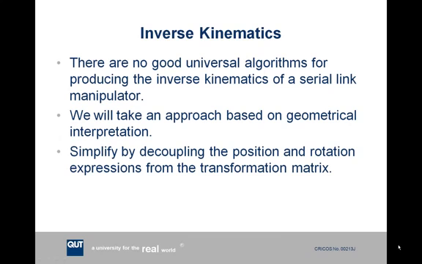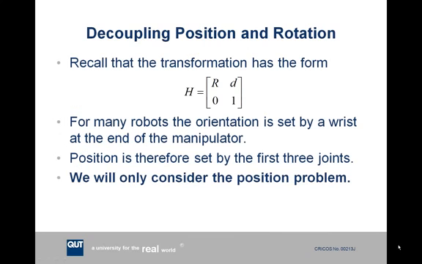And we'll make our challenge a little easier for ourselves by decoupling the position and rotation expressions from the overall transformation matrix. So the overall transformation matrix has this general form where you have the rotation part of the matrix R at the top left, and at the top right you have the displacement component.